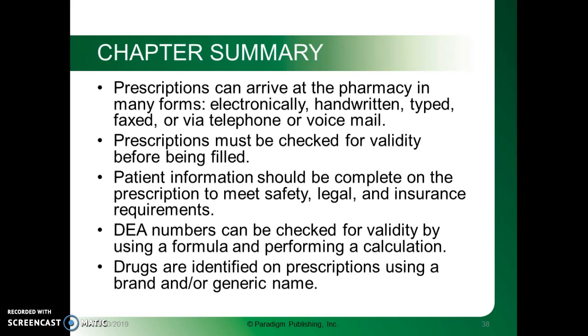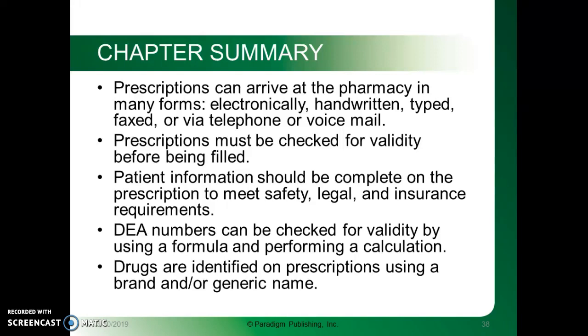So that's the end of the chapter. Let's review the summary. So in this chapter, we've learned that prescriptions can arrive at the pharmacy in many forms: electronically, handwritten, typed, fax, or via telephone or voicemail. Prescriptions must be checked for validity before being filled.